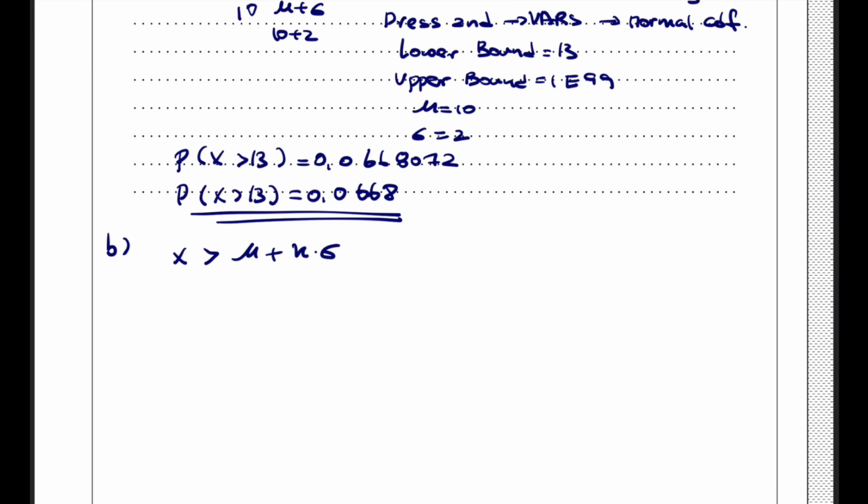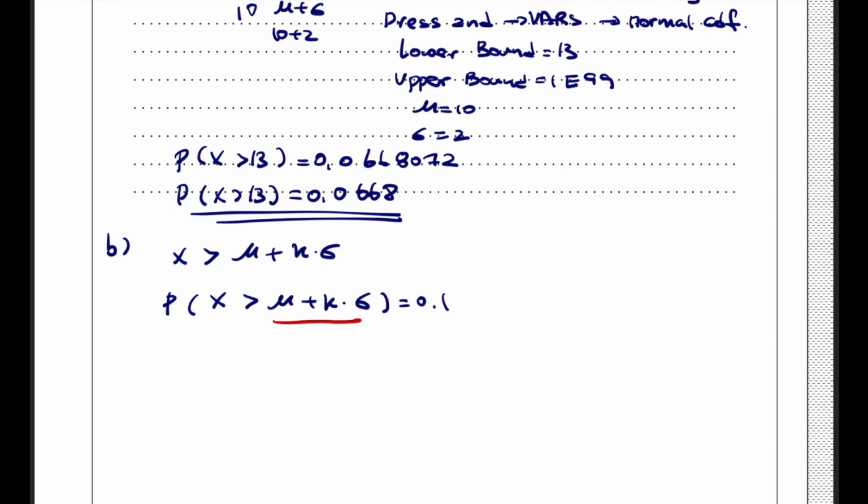So finding the probability that x is more than k standard deviations above the mean means calculating the probability of x is greater than mean plus k times standard deviation, and we do know that this equals 0.1, right? Then to calculate this question, what you want to do is let's simplify this part first.